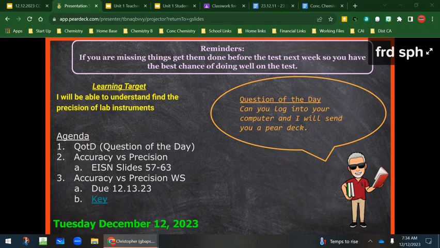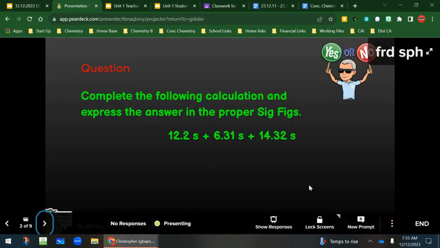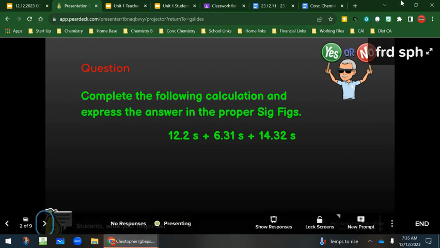So here's our first Pear Deck question of the day, ladies and gentlemen. Okay? And it is this. Take and add these 3 numbers together and tell me what we would get in the proper number of sig figs or improper sig figs. I shouldn't necessarily say number because sometimes it's based on a place. So go ahead and do that real quick, ladies and gentlemen. Get an answer and then type it in.